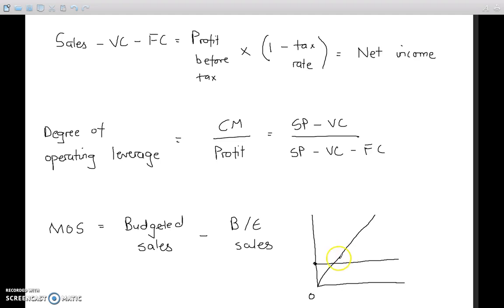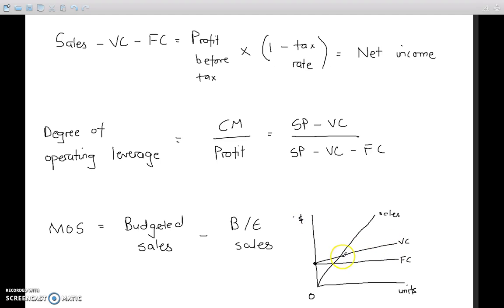And your variable costs would go like this, because remember, you still have to pay this minimum fixed cost before your variable costs start going up. So variable cost will start off where fixed cost is on the y-axis. And this is your sales, this is your variable cost, and this is your fixed cost. These are your units, and these are your dollars.